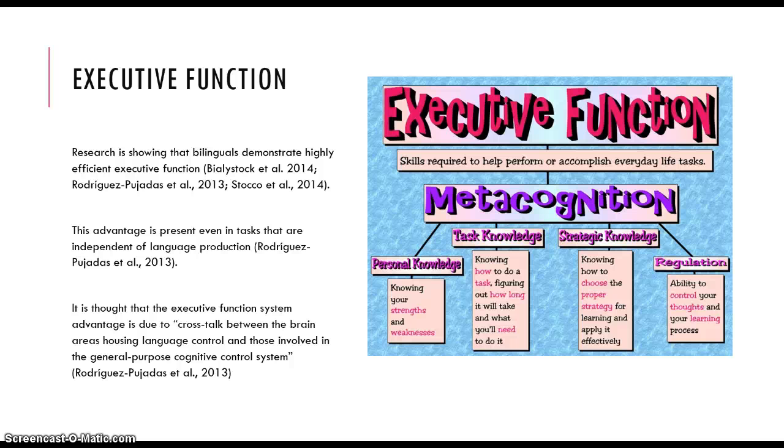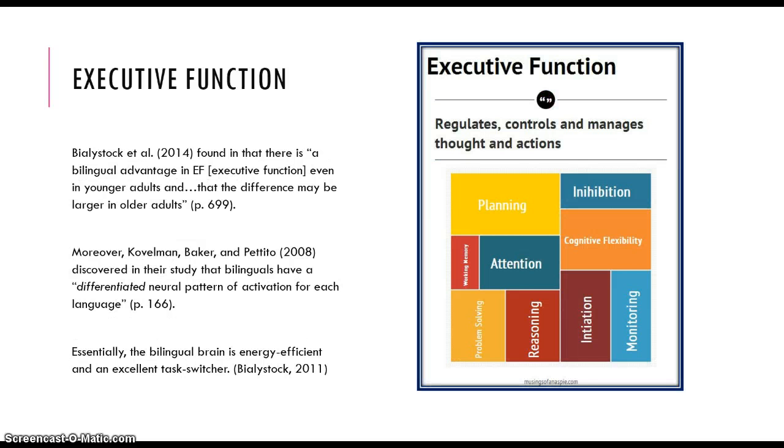So the way that we might see executive function in the classroom might be in terms of metacognition. If you look at the graphic on your screen, there are some different knowledges, different abilities that are directly related to executive function. With bilinguals, there's an advantage in executive function in young adults, and the difference may be even larger in older adults.